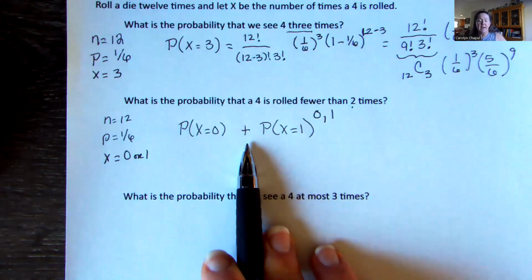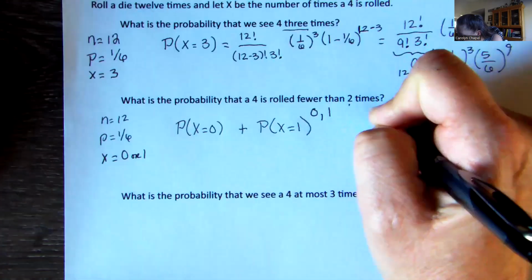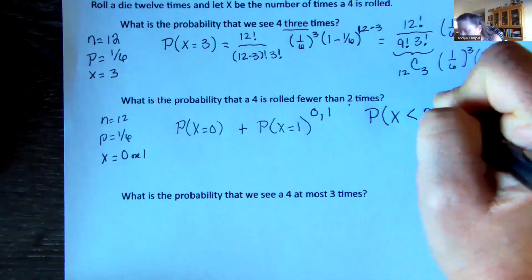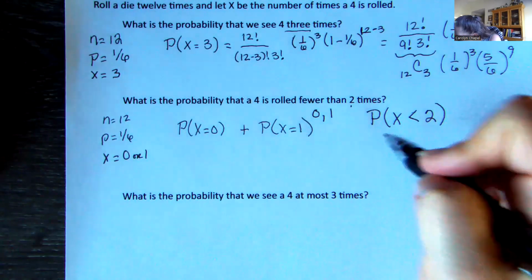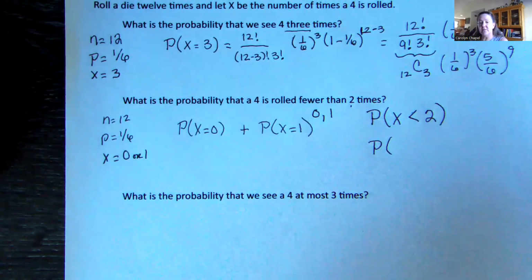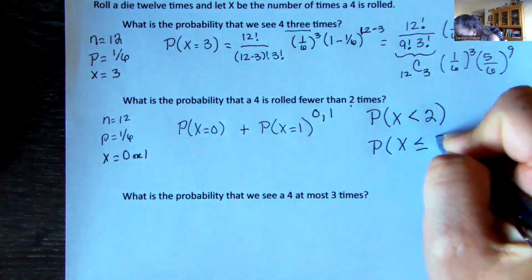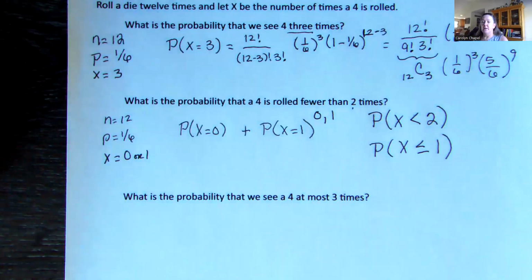However, in Excel and StatCrunch, we have some extra pieces. Also, I want to remind us this is the same as x strictly less than 2, or since we only have 0 and 1, we could think of it as less than or equal to 1. Those are going to come into play when we look at Excel and StatCrunch.